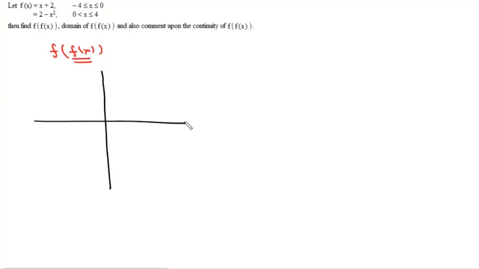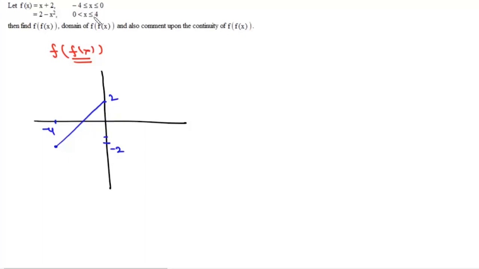So we have these x's. When x is minus 4, this value is minus 2. And when x is 0, this value is plus 2. So this is minus 2 and this is plus 2. And here when x is 0, this is 2.